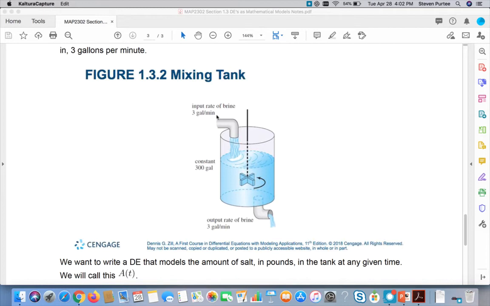Okay, so we've got some salt water coming in at 3 gallons per minute. We keep the level constant, 300 gallons. We're pumping out our mixture at 3 gallons per minute. We want to write a DE that models how much actual salt, pounds of salt, we have in here at any given time.